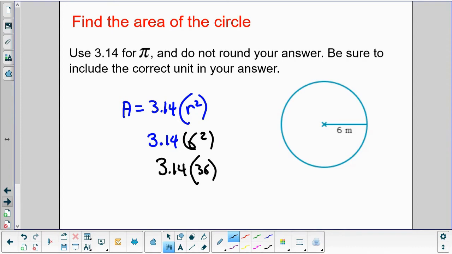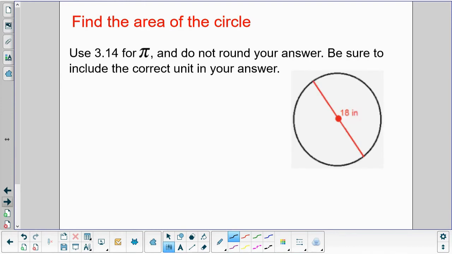Well, hopefully you're doing that on your calculator if you're watching this video from home or wherever you might be. So you end up with 113.04, and our units are meters. And so that is the area of the circle.